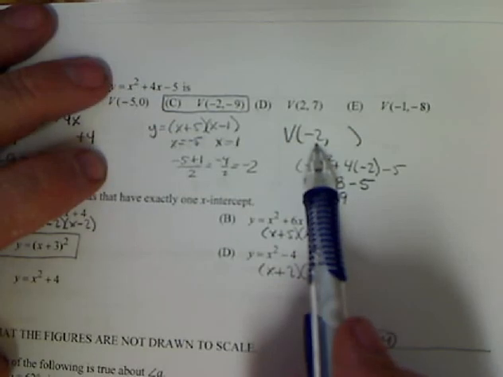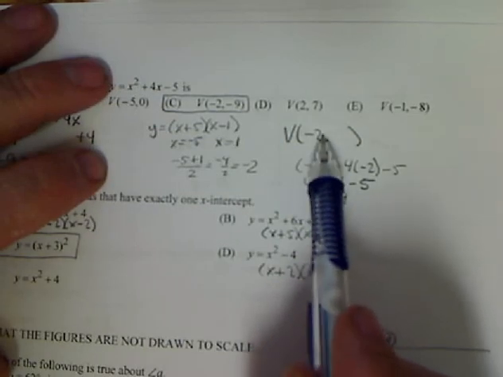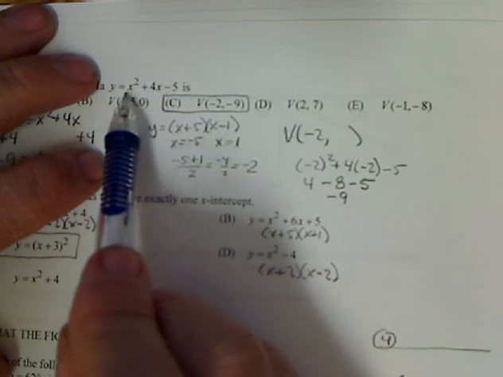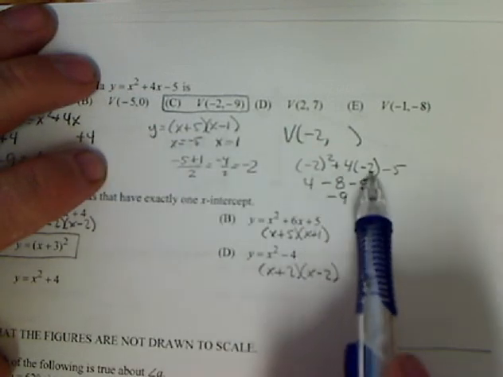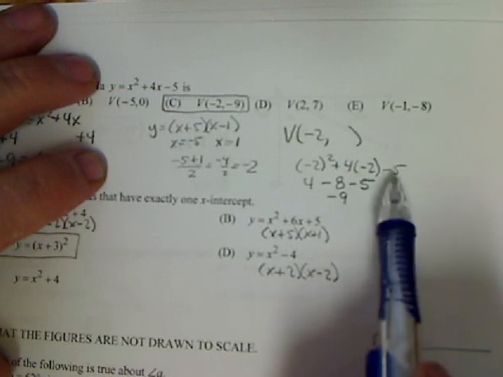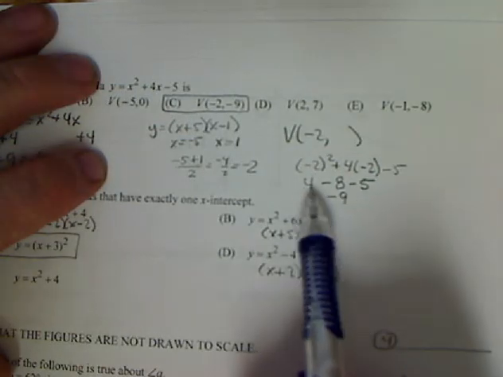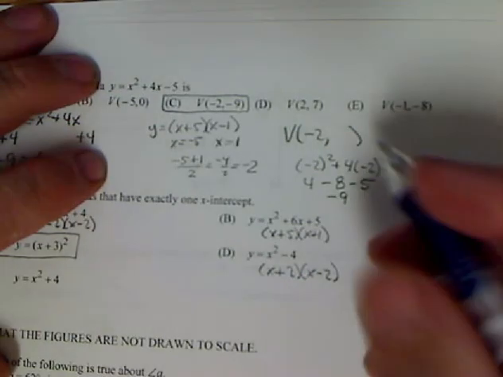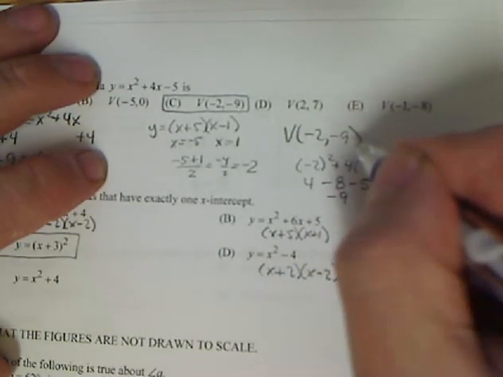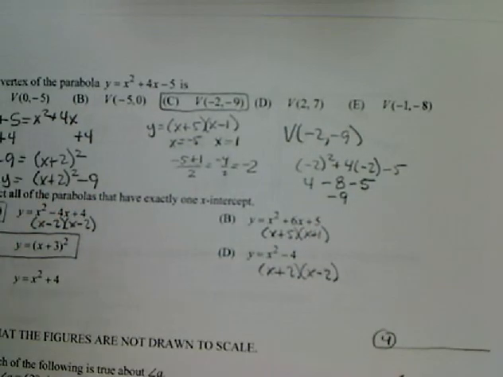My vertex is at negative 2. I take negative 2, plug into my equation. Negative 2 squared is positive 4. 4 times negative 2 is negative 8, minus 5. 4 minus 8 is negative 4, minus 5. The y-coordinate then becomes negative 9. So there's more than one way of doing that problem.